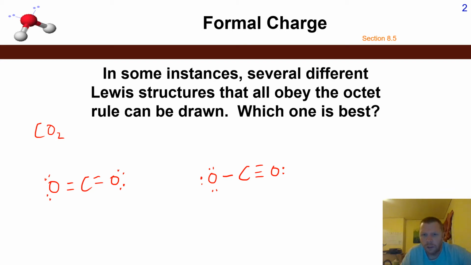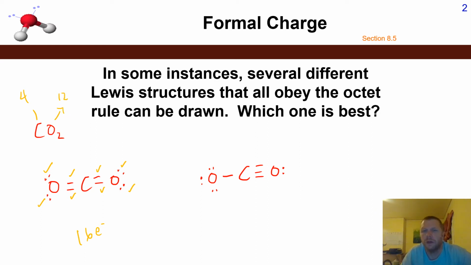To send that message home, there are 2 electrons, 4, 6, 8, 10, 12, 14, 16. So 16 electrons are drawn. Carbon's bringing in 4, and each oxygen's bringing in 6, so that's 16. So this is a molecule with 16 electrons.